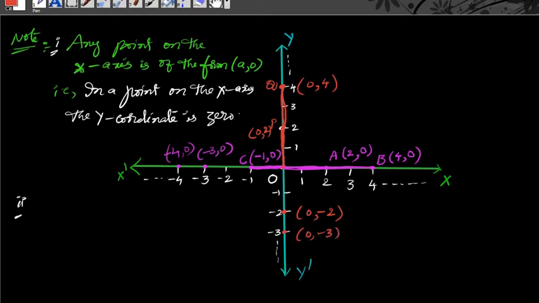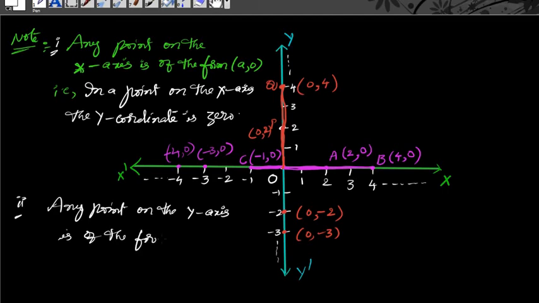So here the second note point is: any point on the y-axis is of the form x coordinate 0, y coordinate something, say b.